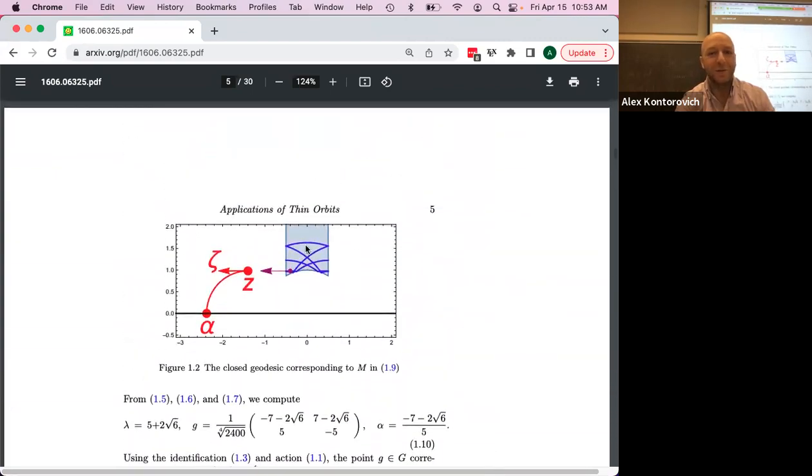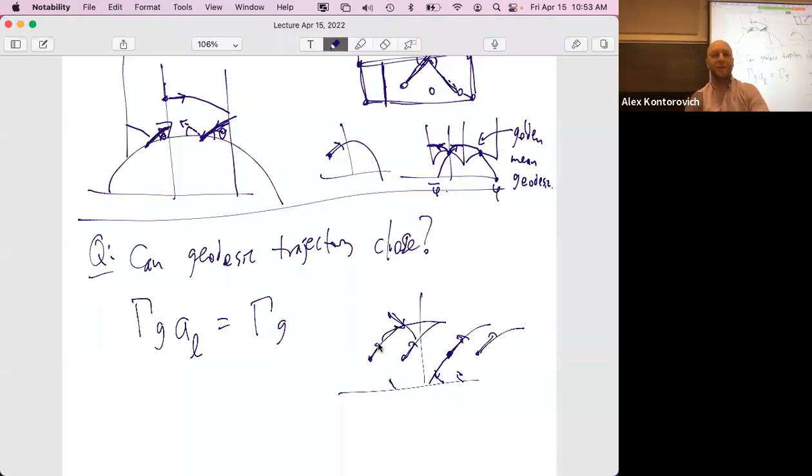So this is an example of a closed geodesic. The picture might stagnate. What does that really mean? How can we work out this equation? When a gamma gets you from one side to the other. If I start with just g itself, and I flow by time L, I'll get to some point which was in the original coset. In other words, this has to equal gamma g for some gamma.